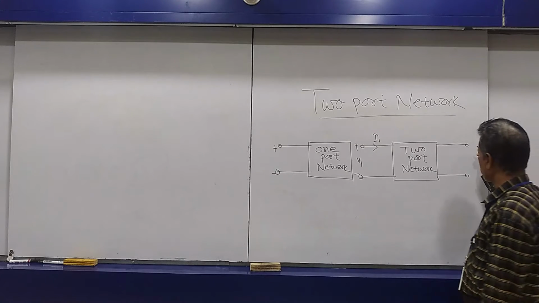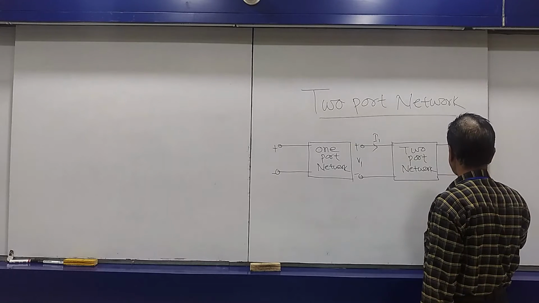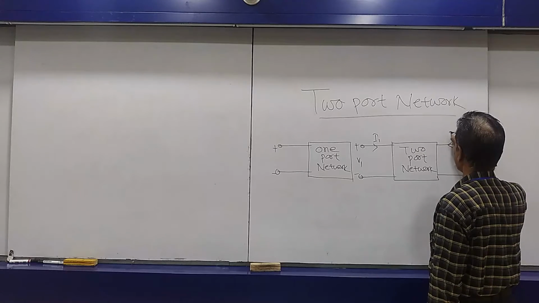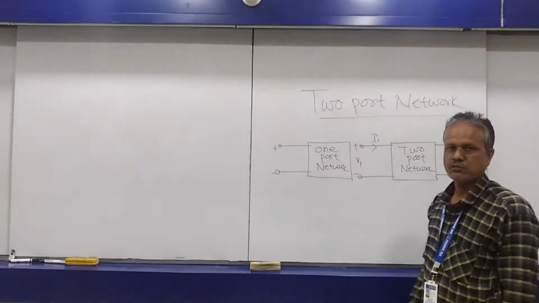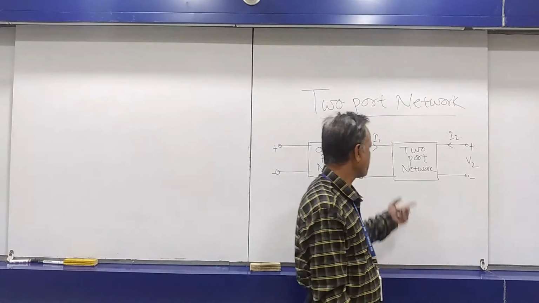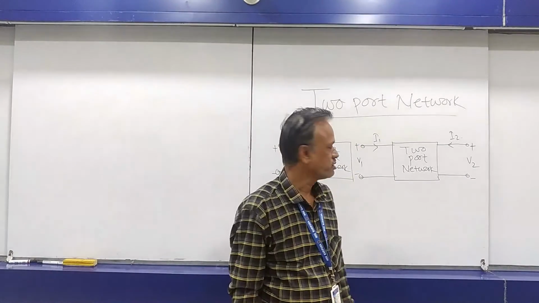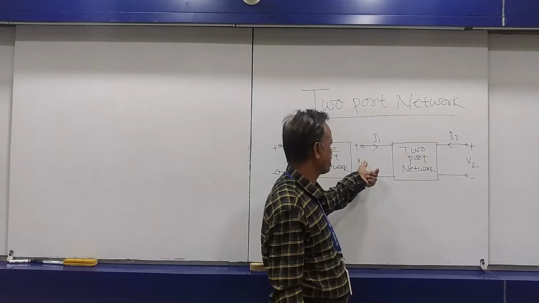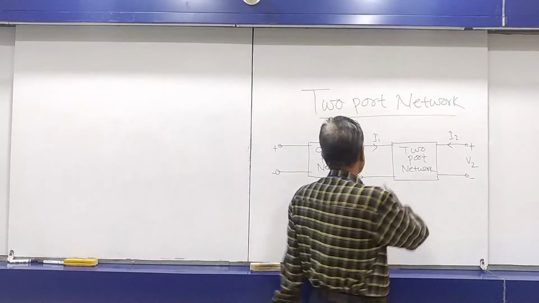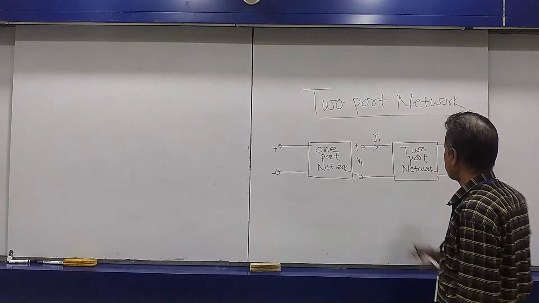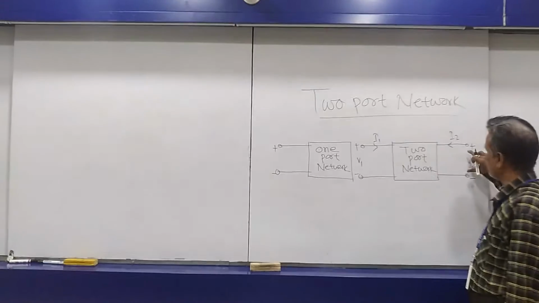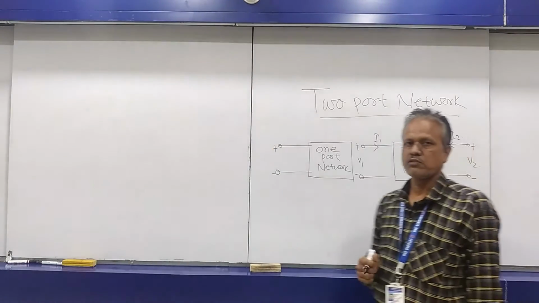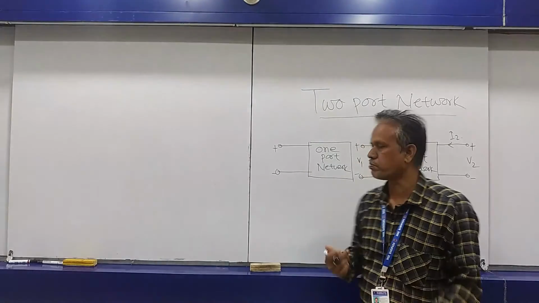Similarly, another port is called the output port, which has voltage V2 and current I2. So this is the representation of a two-port network, where at the starting we get the input port, and at the receiving end we get the output port. So this we will call a two-port network.